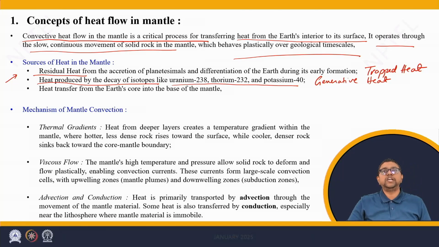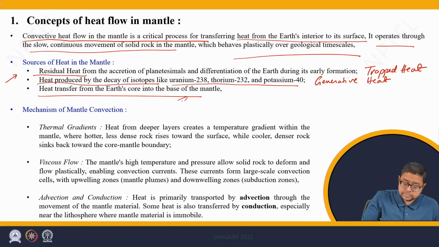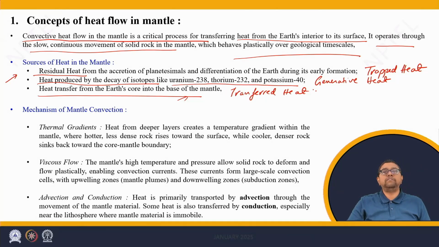These are the generative heat. Finally, we have the heat which is transferred from the Earth's core into the mantle. Thus, we have the trapped heat, the generated heat, and the transferred heat which add to the sources of heat in the mantle.